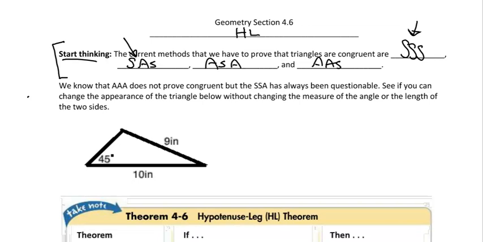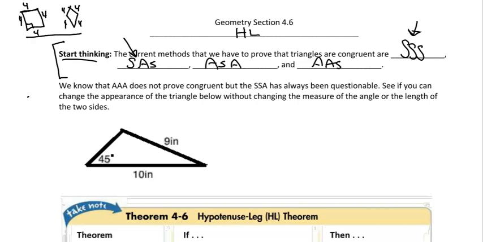Let me show you an example of where that wouldn't work. So this works with all of the triangles. If you were looking at a four-sided figure, such as a quadrilateral, if I told you to make a figure that had all sides that were 4 inches, you could make a square that was 4 inches, or you could have made a rhombus that was not a square that had all sides that were 4 inches long.